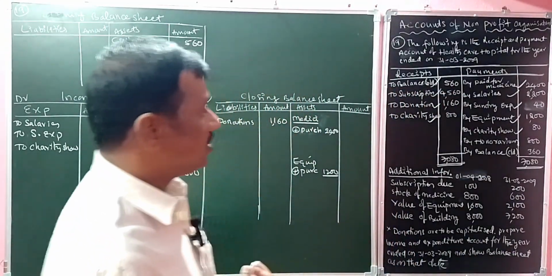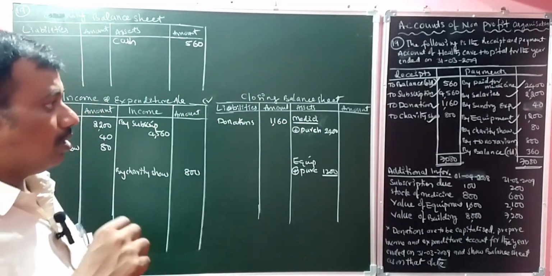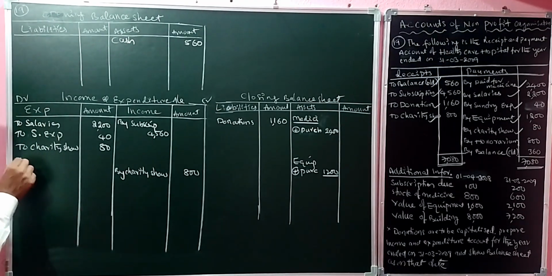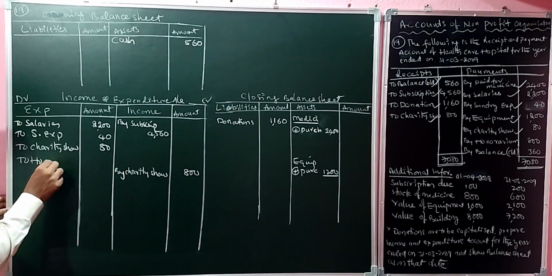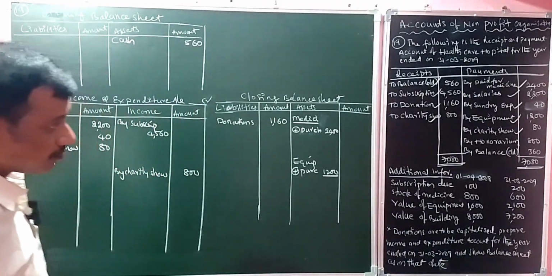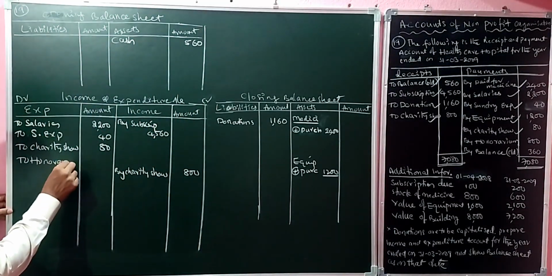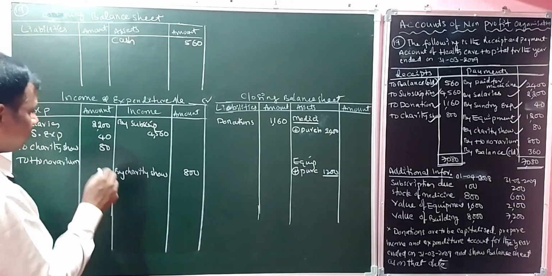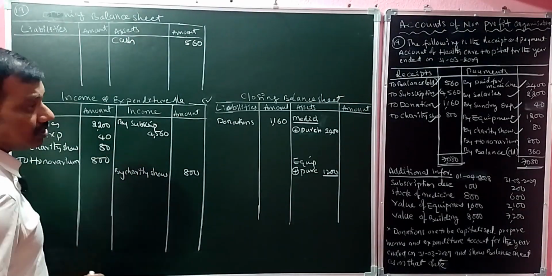Next one, honorarium. Honorarium is also an expense, so write to honorarium. The honorarium value given is 800.